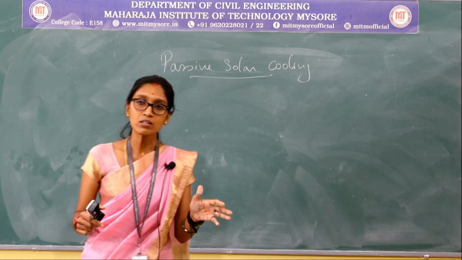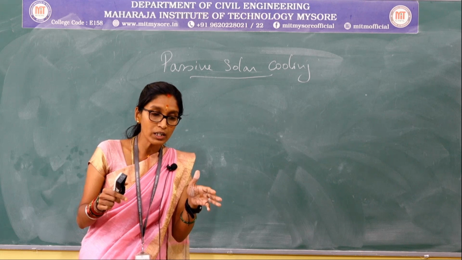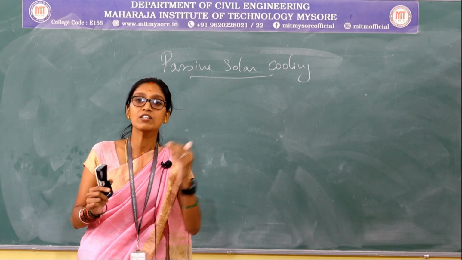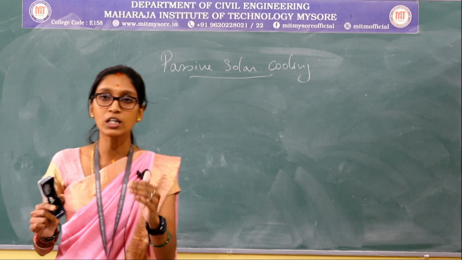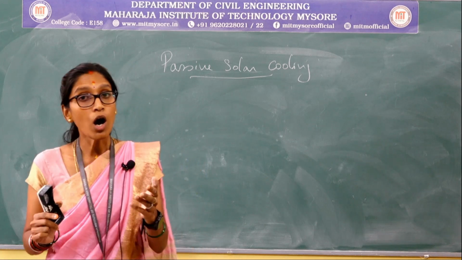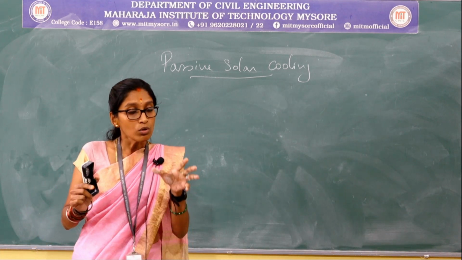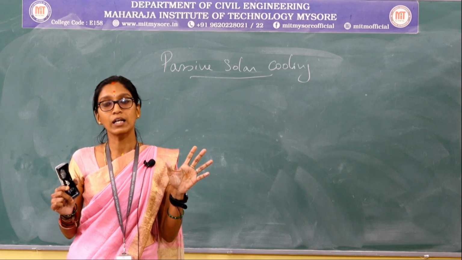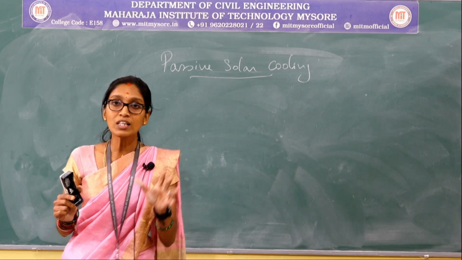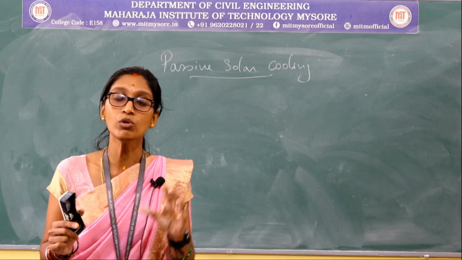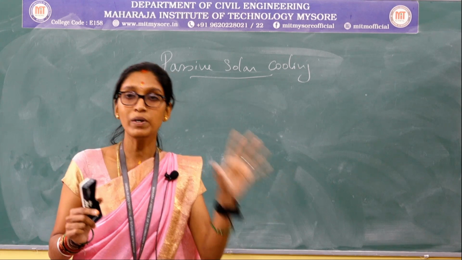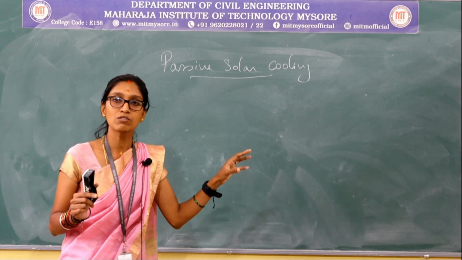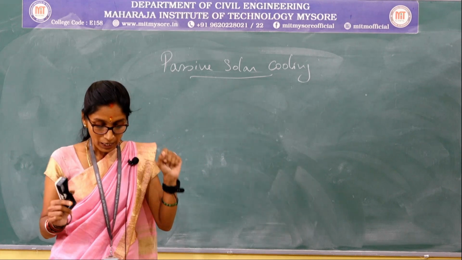So it happens only based upon the reduction of the heat that is going to come to a particular building, or by slowing down the process of heating in a particular building. So this is how I am going to cool a particular building by using my passive solar energy, right?